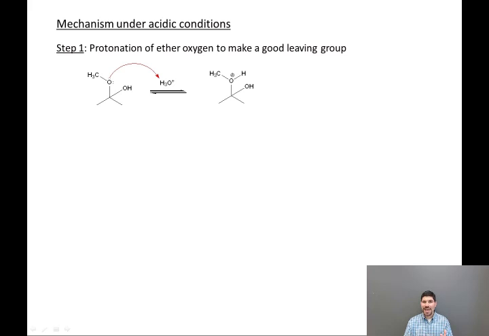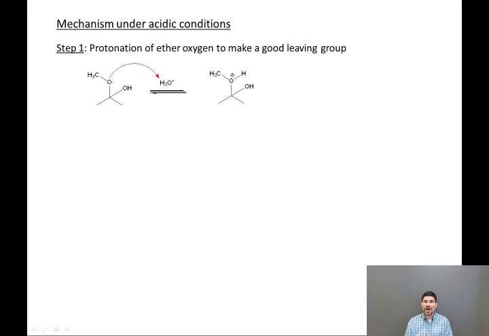As you remember, a hemiacetal has an alcohol and an ether bound to the same carbon. In order for it to hydrolyze, we've got to get the ether fragment that's going to eventually become an alcohol when the reaction is done. We have to get the ether fragment off. If we're going to get it off, it's got to become a leaving group, and in order to be a good leaving group, we've got to protonate it.